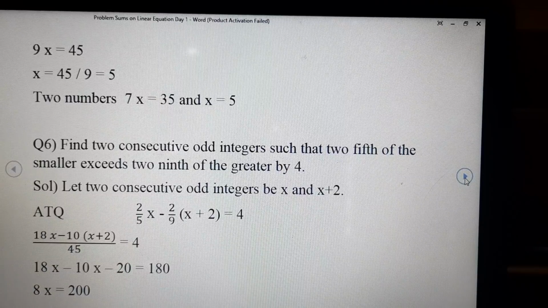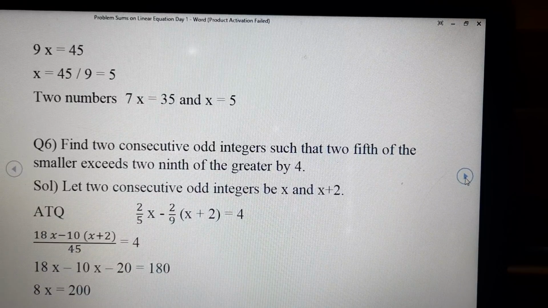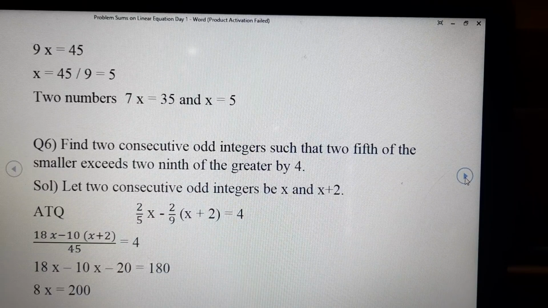Clear? Next question. Find two consecutive odd integers such that 2/5 of the smaller exceeds 2/9 of the greater by 4. So first of all, two consecutive odd integers. If I ask you two consecutive numbers or integers, you may say x, x plus 1, x plus 2, x plus 3.